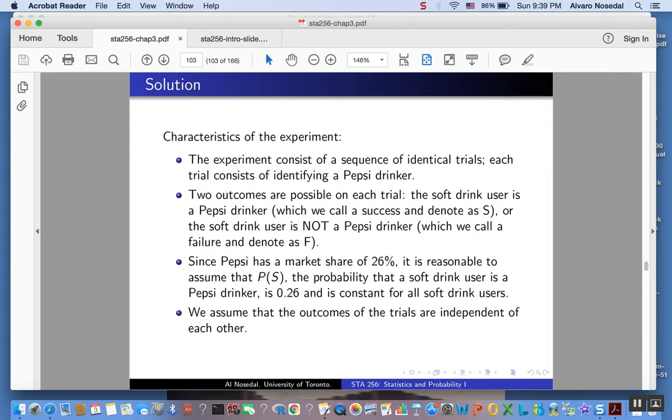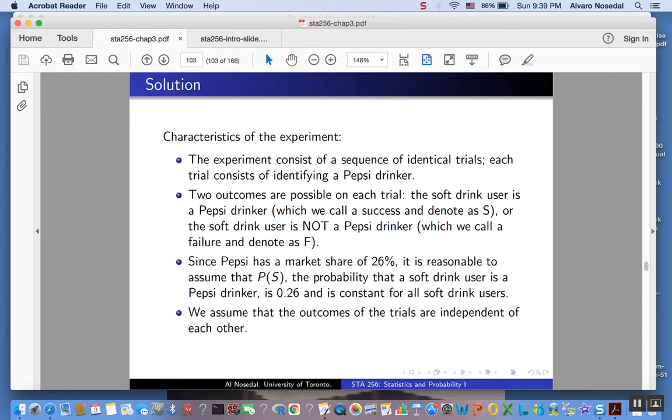Our success in this case will be if the soft drink user is a Pepsi drinker. The other possible outcome is a failure, the complement: the soft drink user interviewed is not a Pepsi drinker. We're going to label that failure with an F. That's the notation we're going to be using.